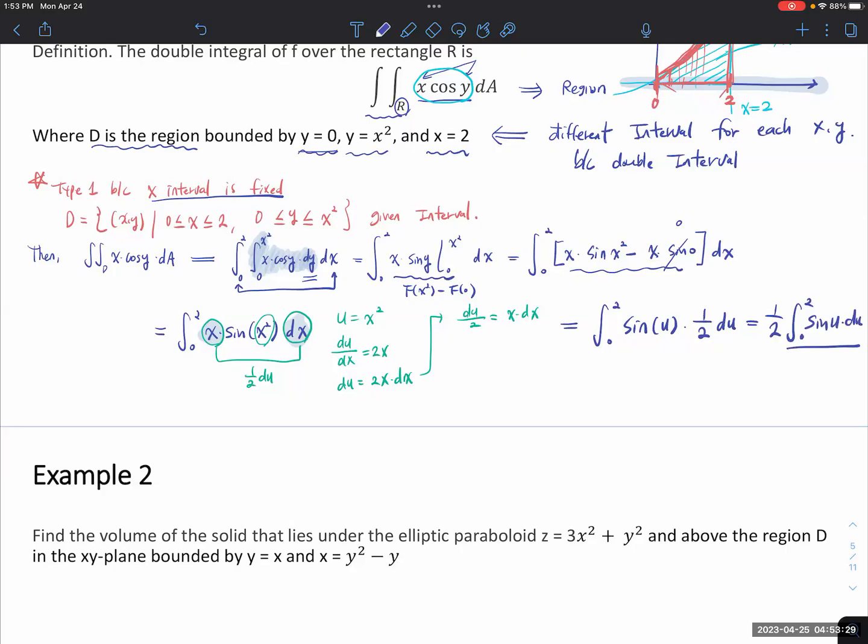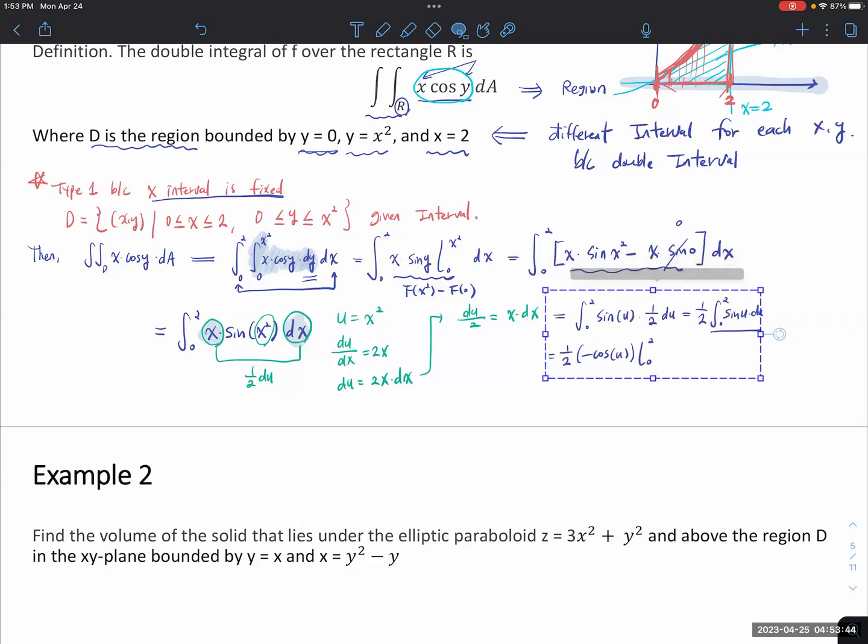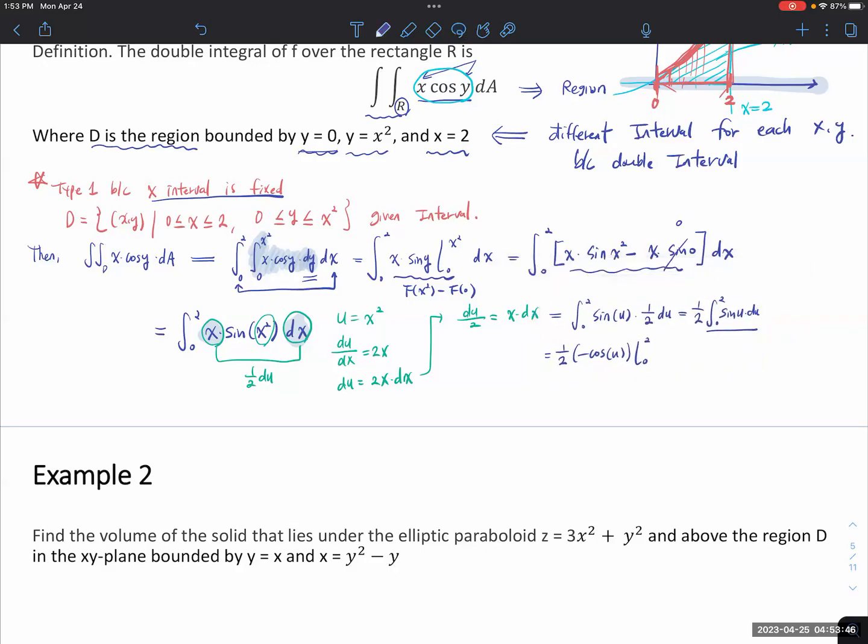Take the integral. What is the integral of sine? Negative cosine, correct? So negative cosine u from 0 to 2, and you subtract the difference. So 1 over 2 negative cosine 2.